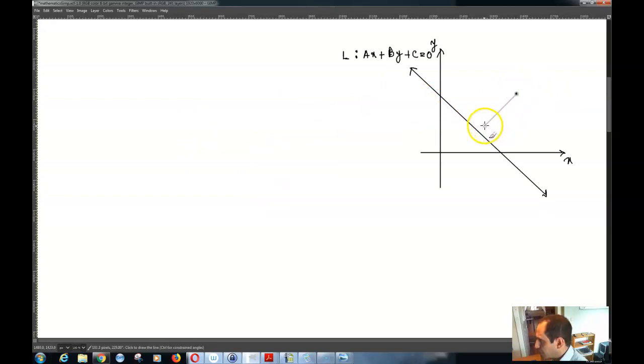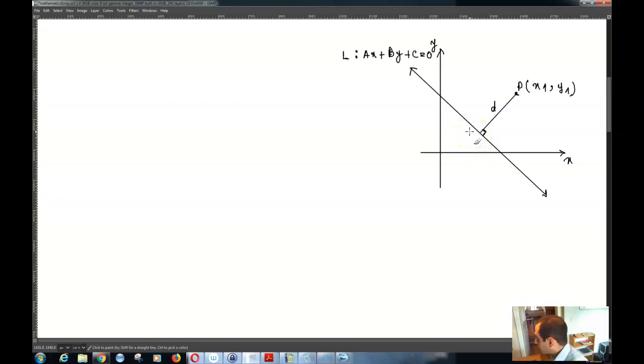So the perpendicular distance of this point from this line, if I assume that this line is perpendicular to the line, then this distance over here, d, is the distance of this point P from this line L. And P, let's say, is x1 comma y1, and you want to find this d.